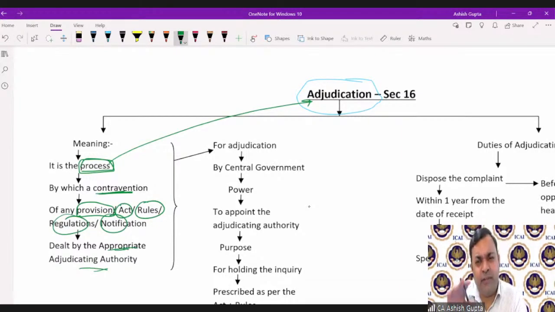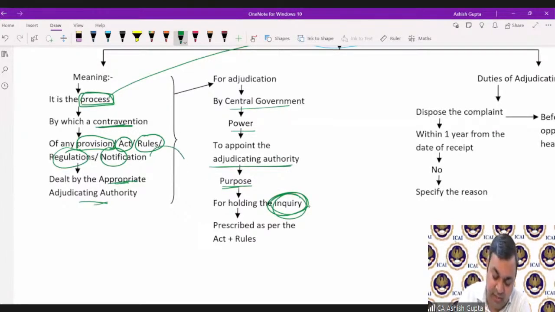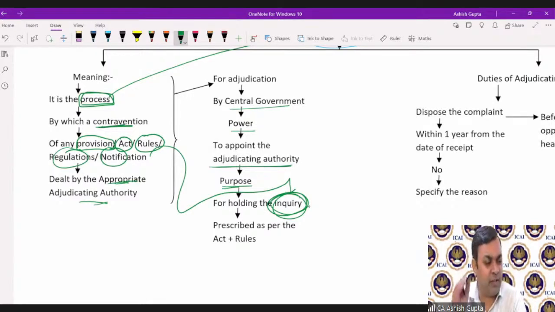Right? And for this purpose, the central government has the power to appoint an adjudicating authority. What is the purpose? To hold the inquiry for the contravention of this act, rules, notification, each and everything, prescribed as per the act and rules.